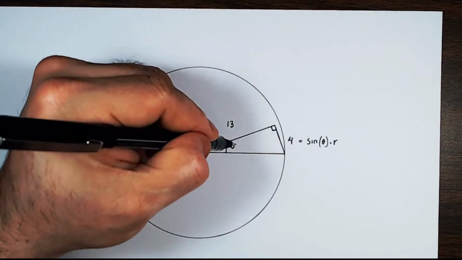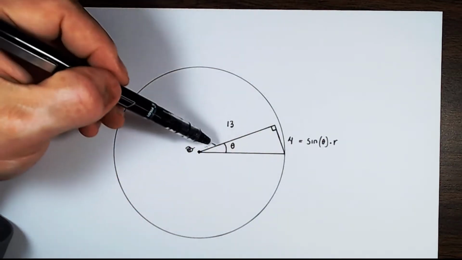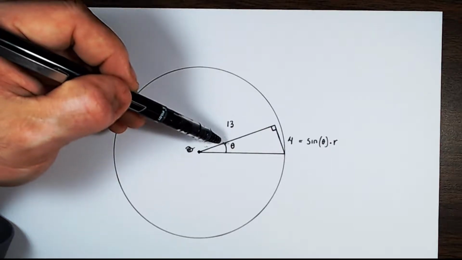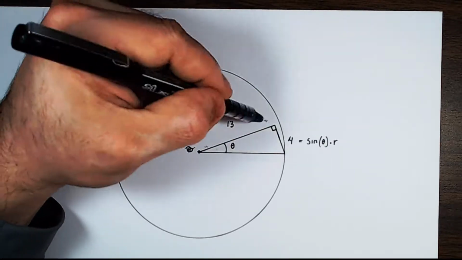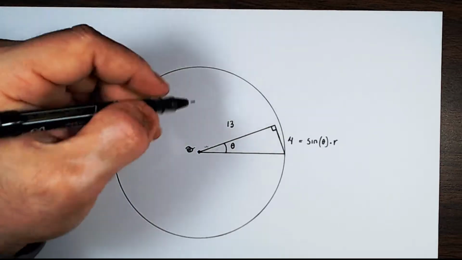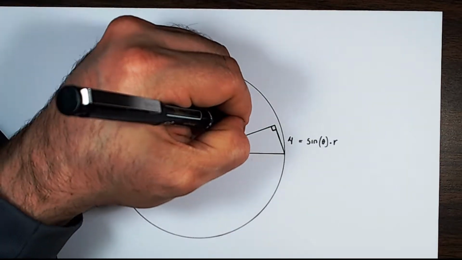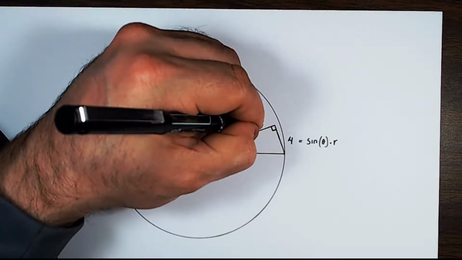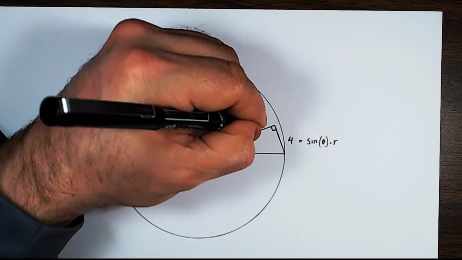The adjacent side, which is right next to the reference angle, is the cosine of the angle theta multiplied by the radius.